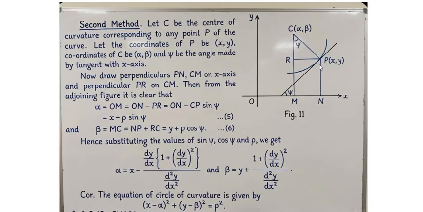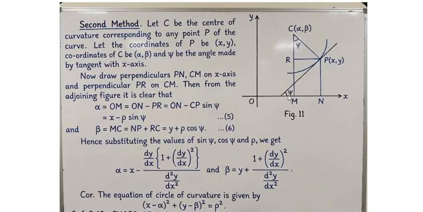Now draw perpendiculars PN and CM to the x-axis, and PR perpendicular to CM. This construction we can make automatically whenever the curve and point P are given, no problem. After this construction, a very important thing is that this angle also becomes psi. Why?